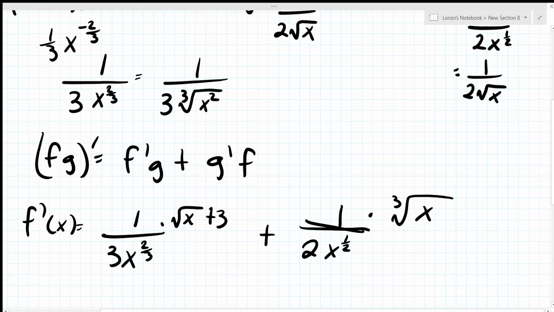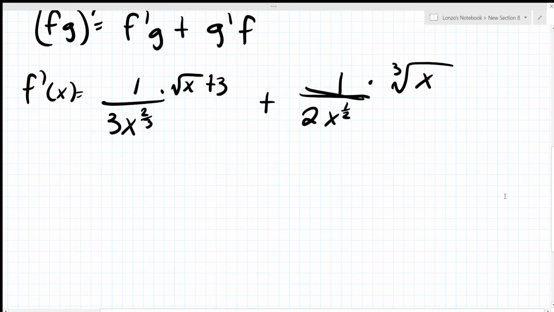Good. Let's see here. Let's clean this up.